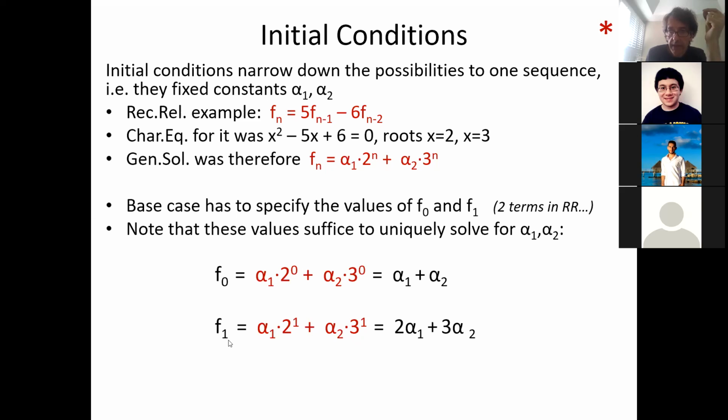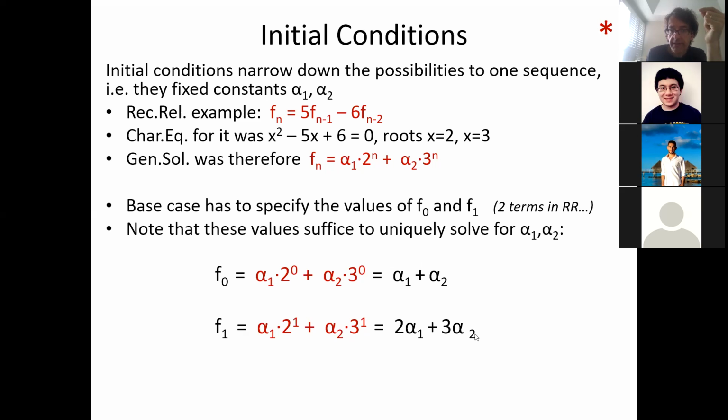In the n equals 1 case, you are using this general formula instantiated with n equals 1. So you get alpha 1 times 2 plus alpha 2 times 3. That has to be equal to the first element, the f1 element.